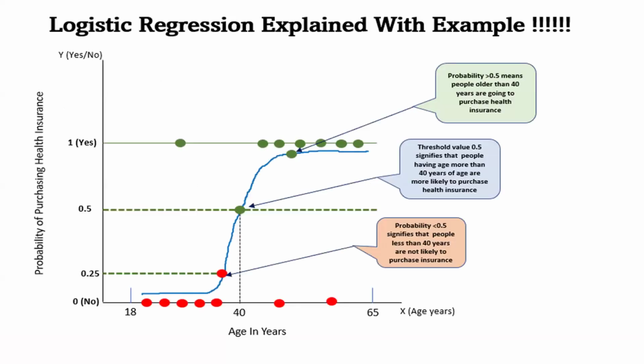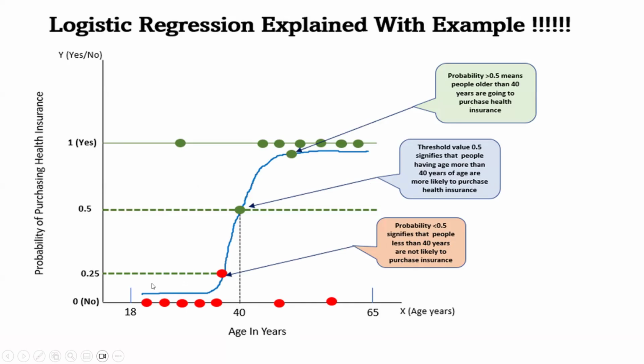This is a figure showing logistic regression. Age in years is on the x-axis, and probability of purchasing health insurance is on the y-axis. A probability less than 0.5 signifies that people less than 40 years old are not likely to purchase insurance.